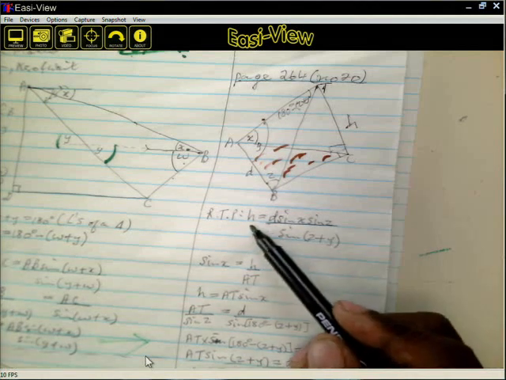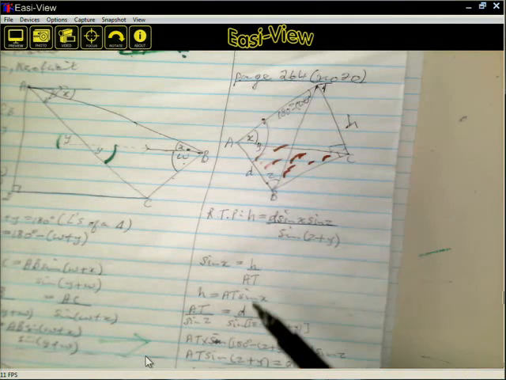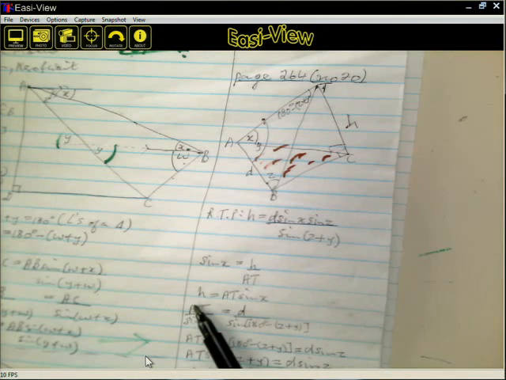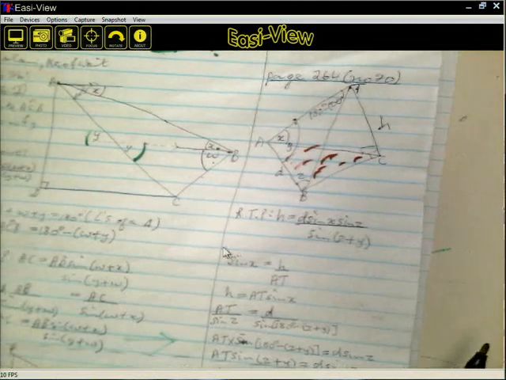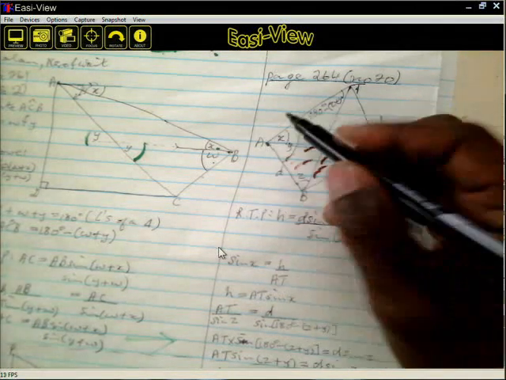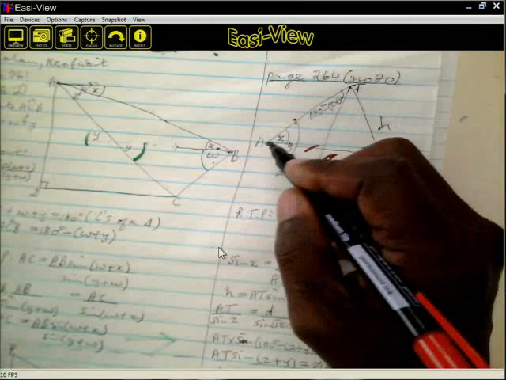But we want to write everything in terms of h. That is why we then make h here the subject of the formula. So h is equal to AT sine x. Once again, look at this AT. It is part of this triangle that I started with.